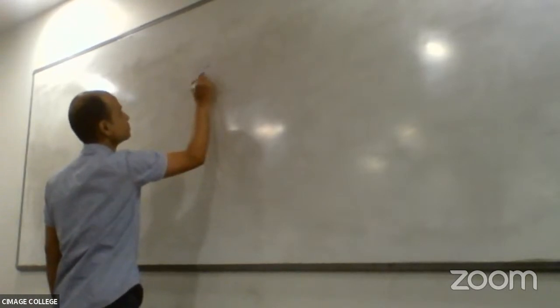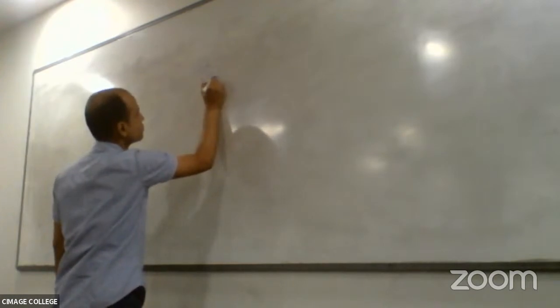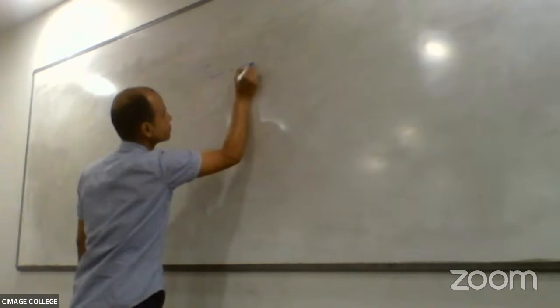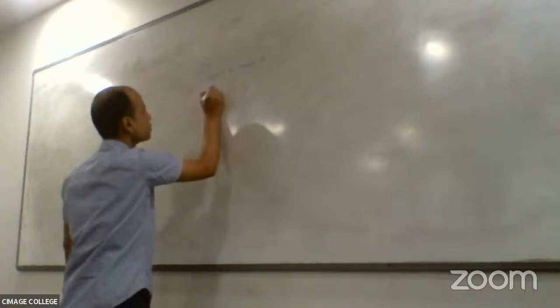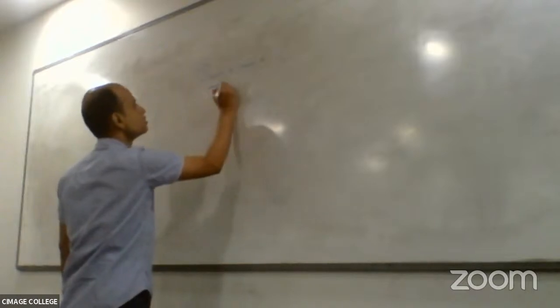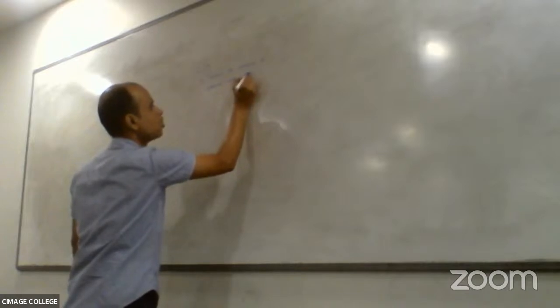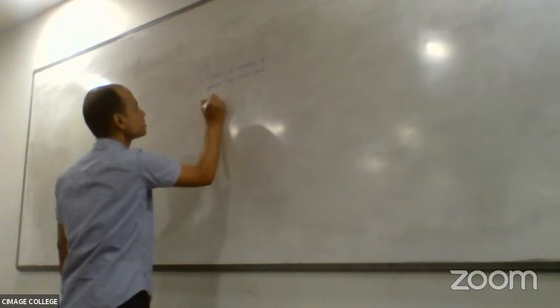VLSM: process to divide a network into small and unequal subnets.